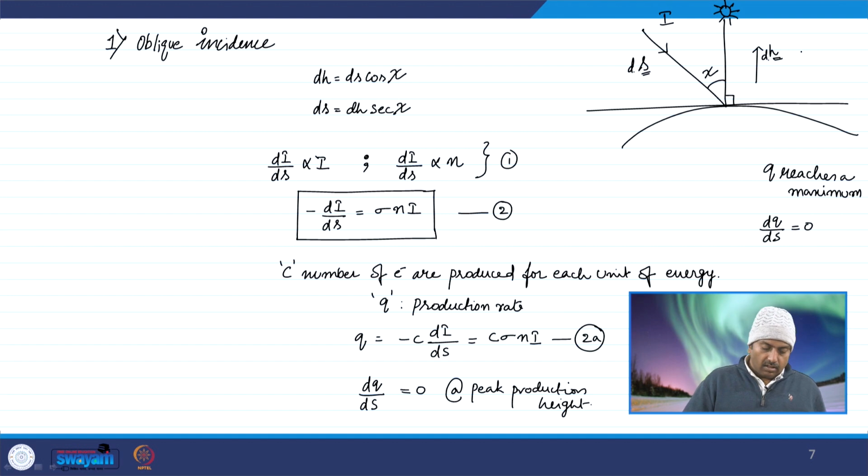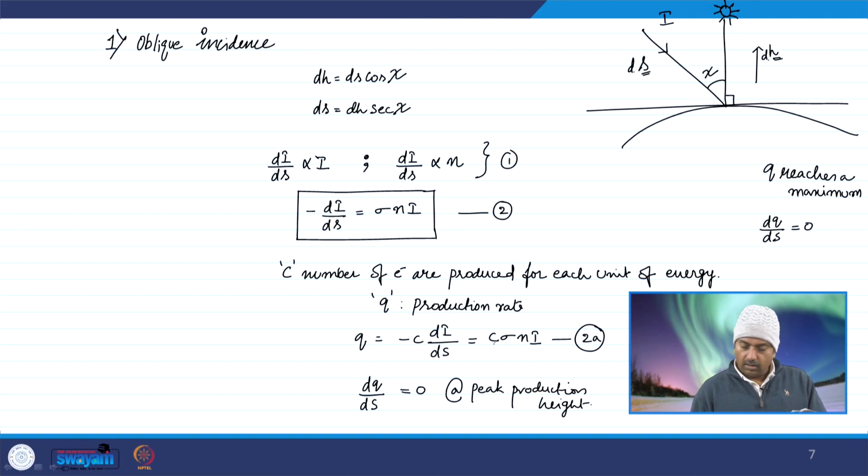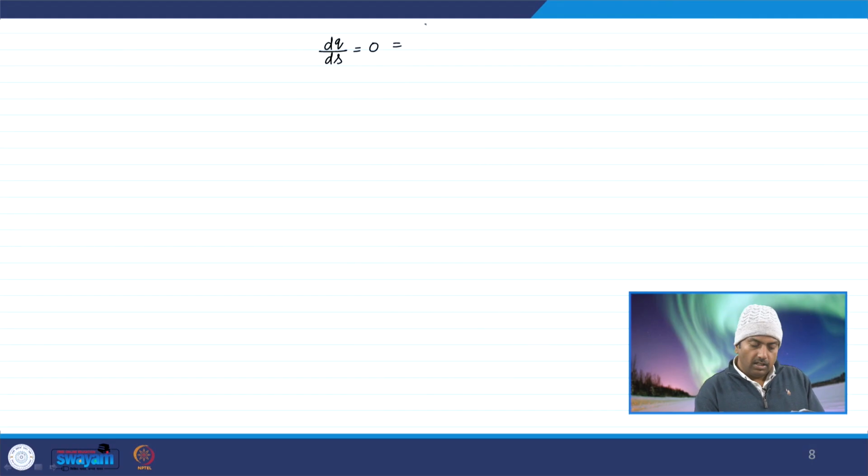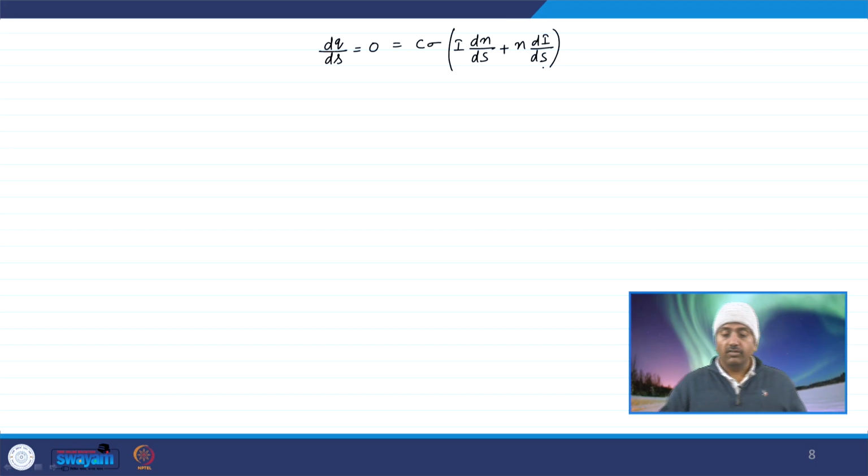So, dq by ds is equal to 0. If the rate of production has to reach a maximum value, dq by ds has to be 0. Using the expression for this dq by ds, C sigma n I, where C is a constant, right. So, C and sigma, the absorption cross section, are constant. So, we can use the chain rule: I times dn by ds plus n times dI by ds. These two are the only variables which are changing with respect to the distance, dn by ds and dI by ds.